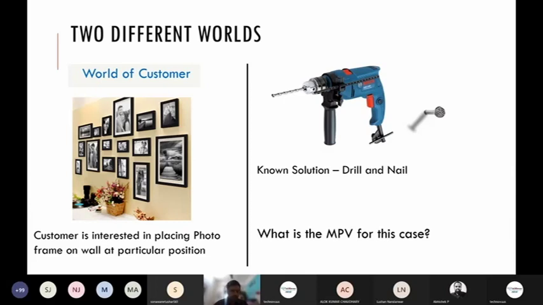Arrangements, hole diameter, frame weight, comfort while drilling.